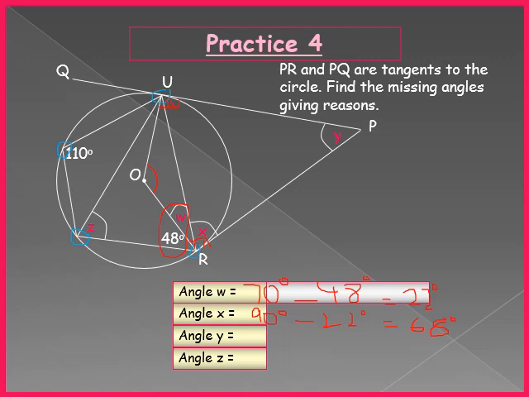So again, isosceles triangles, you need to see them in circles. Radius equal radius. W in here was 22. I got another 22 in here. That tells me that this angle in here is 180 minus twice 22, and this should give me 136.